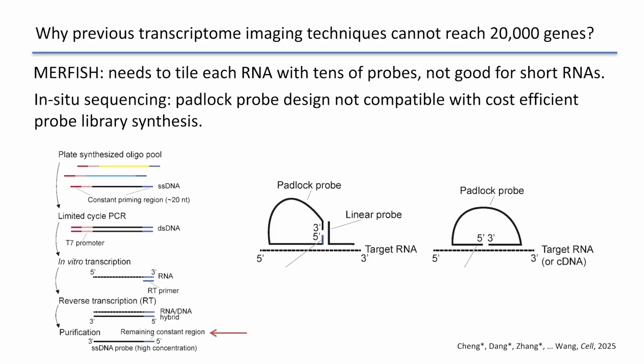So this is compatible with RAEFISH, but not compatible with the padlock probe designs in situ sequencing, because in these padlock probe designs, the 5' end of the padlock probe is either completely variable or only has a very short constant region. And because of these, the probes in the in situ sequencing techniques need to be individually synthesized, and if one wants to cover 20,000 genes, the probe cost alone would be tens of thousands of dollars per replicate.